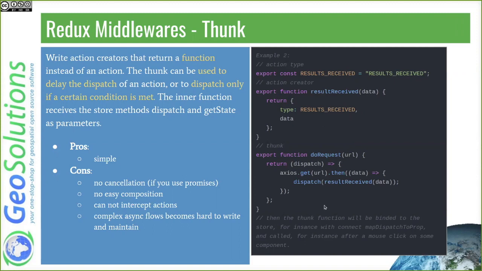This way I can do Ajax requests. This is the simpler way you can do Ajax requests. In MapStore this middleware is included and is easy. It has some defects, because easy things may have cons.